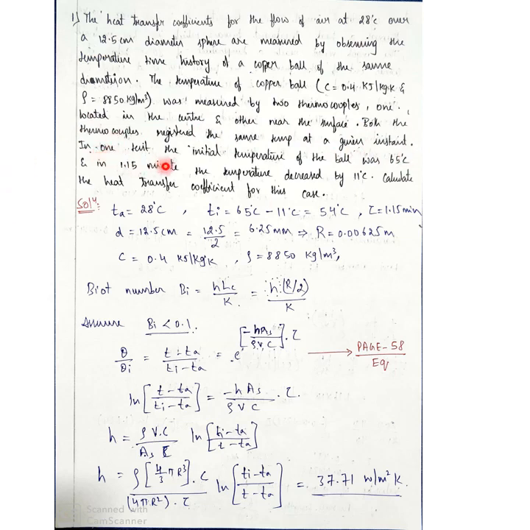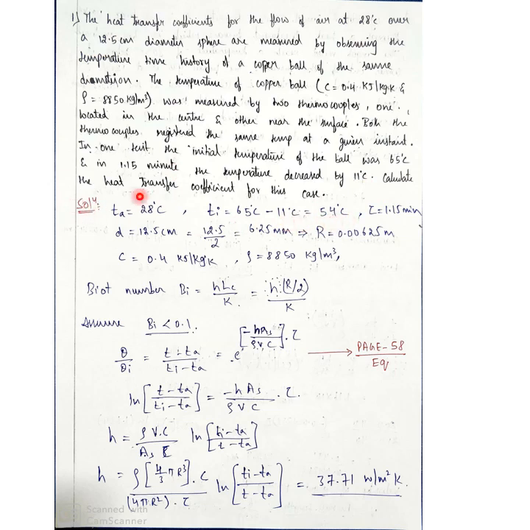In one test, the initial temperature of the ball was 65 degrees Celsius, so Ti becomes 65. In 1.15 minutes the temperature decreased by 11 degrees Celsius. So the temperature will become 65 minus 11, that is 54 degrees Celsius.